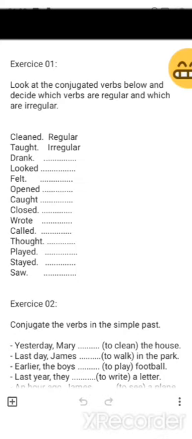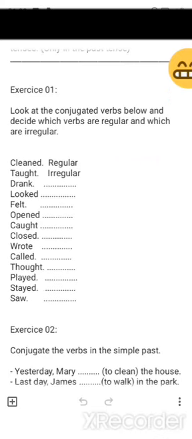If we take, for example, the first verb, cleaned, the infinitive form is to clean, and we know that it is conjugated in the simple past. We notice that we guarded the stem clean and we added ed, and the rule says if we want to conjugate a verb and it is a regular verb, we guard the stem and we add ed. So the first verb cleaned is a regular verb.